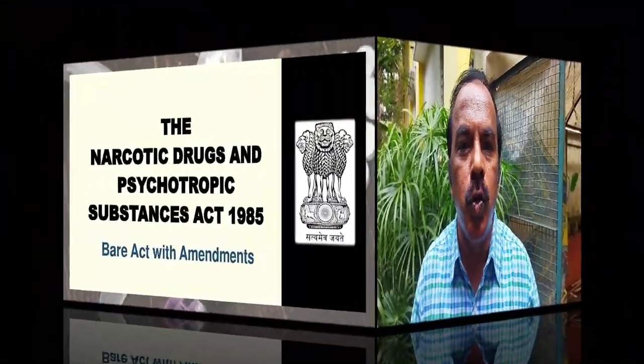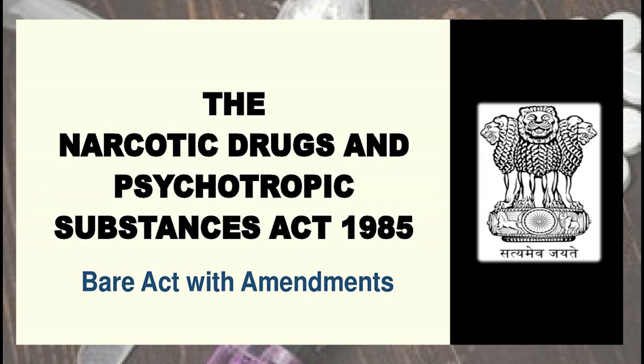Narcotics were considered illegal only from 1926 onwards. The Narcotic Drugs and Psychotropic Substances Act was introduced in India only in 1985. Till 1985, narcotics were being used in India without any problem, without any proper legislation.